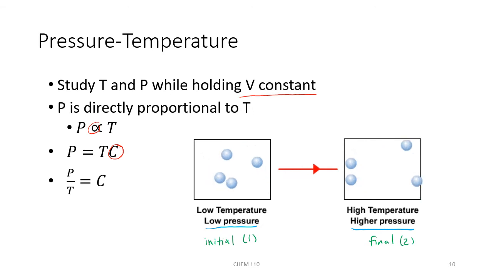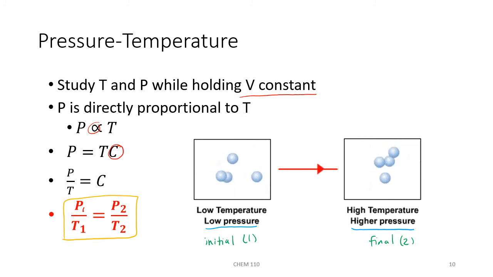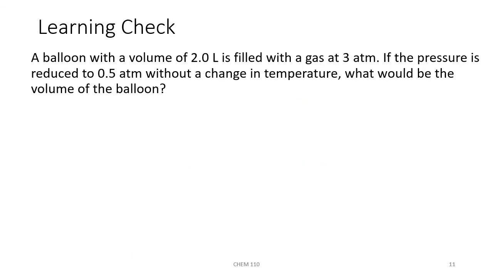And so that would mean that if we bring in another gas that has the same constant, we can set those two equal to one another. So P1 over T1 will be equal to P2 over T2. And this is going to be our last gas law that we look at. Next, we'll try some examples where we actually solve for some of this data quantitatively.